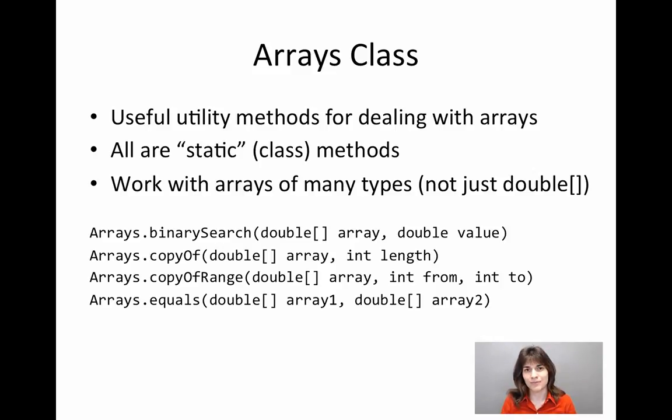Now, as we have said with references, arrays are references. This method is not the way to check whether two array references are actually referencing exactly the same array object. If we want to do that, we will still use the double equals operator to figure out if they are referencing the same object.